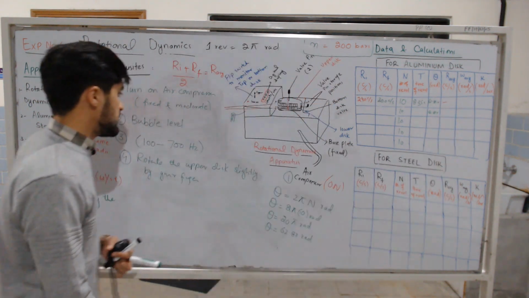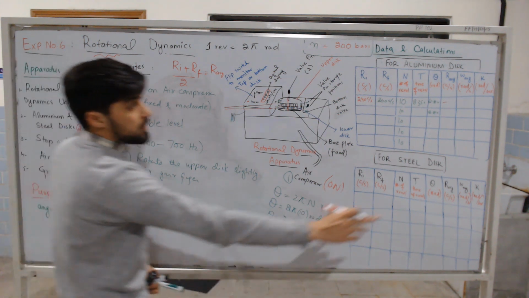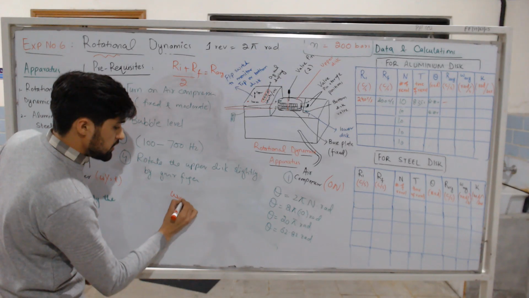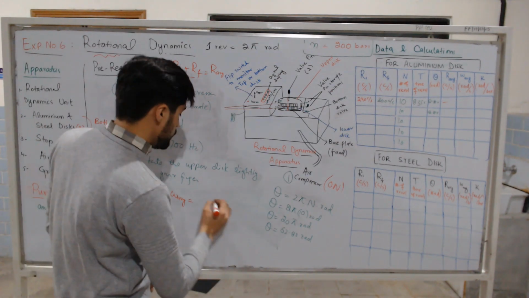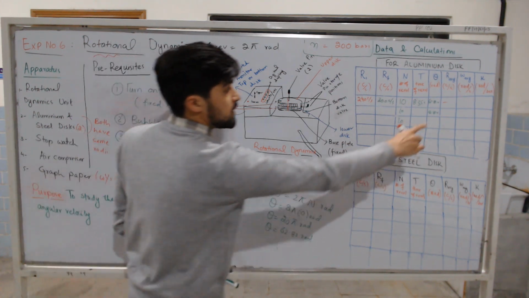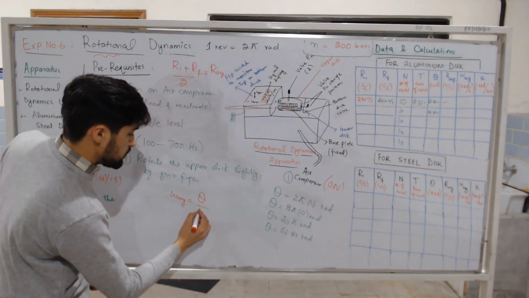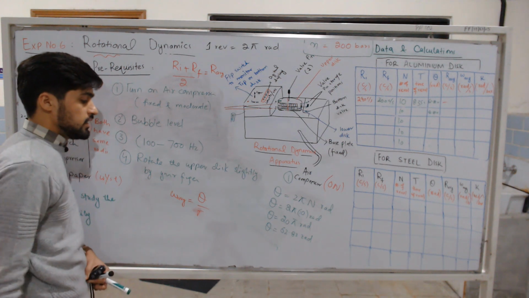Now this omega is the average angular velocity. The average angular velocity will be equal to theta in radians divided by the time t, or the capital T if you want to use it: omega equals theta by t.